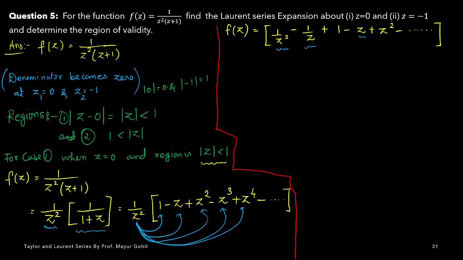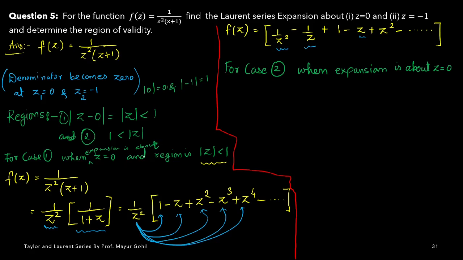Now let us see the other part. Now when you have the region 2, the case number 2, let me write down here. So for case 2, that is when expansion is about z equal to 0, I mean to say over here also, when expansion is about z equal to 0.